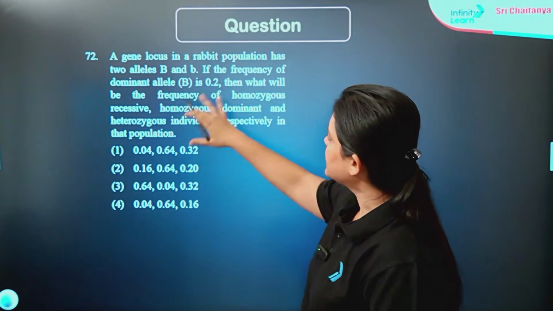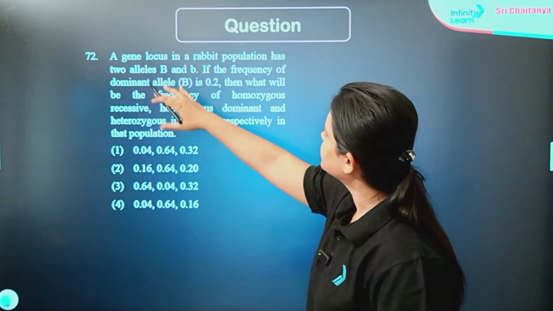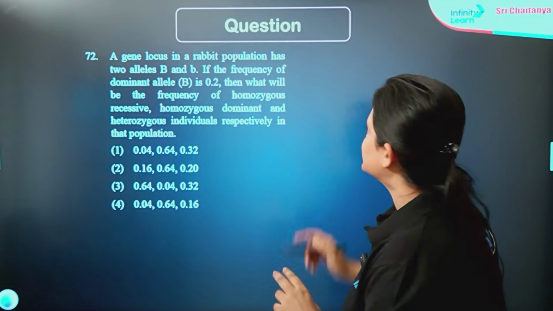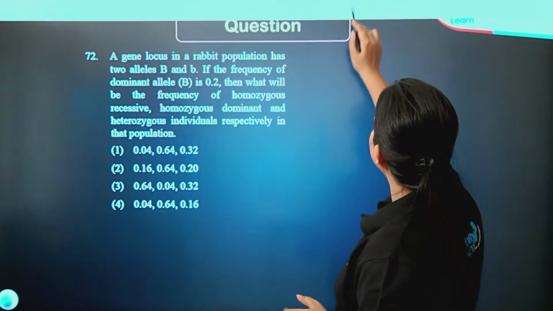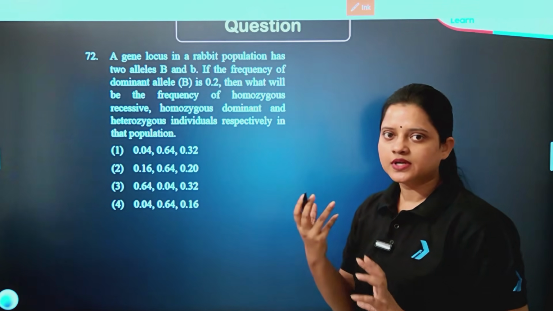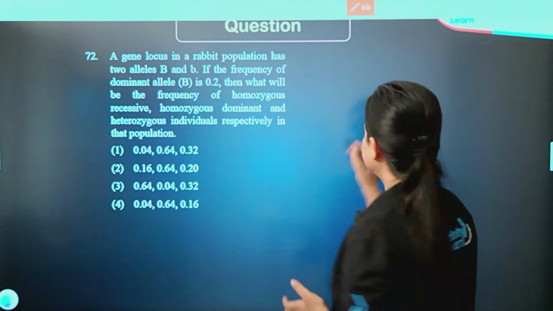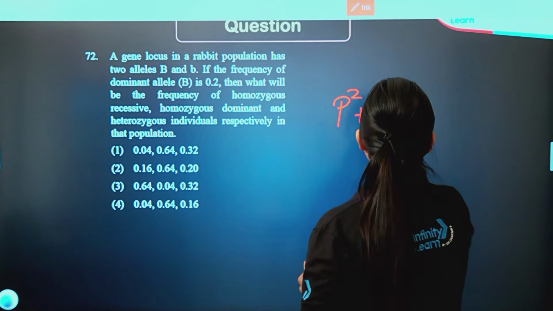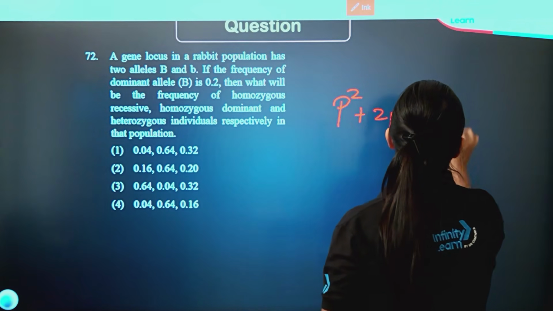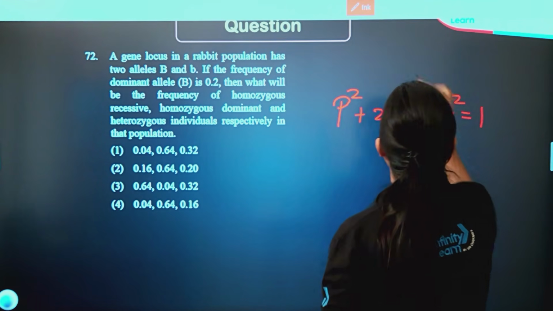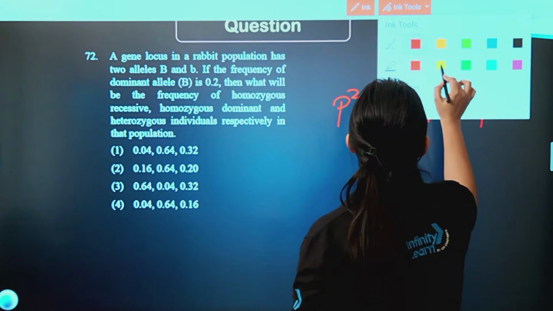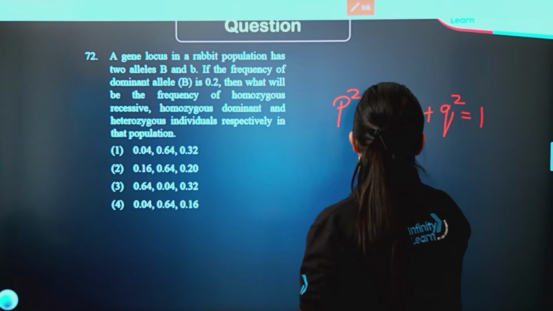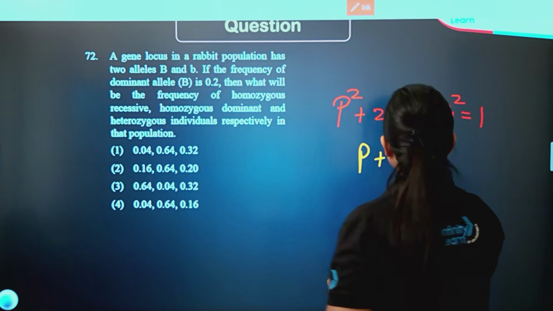Next. So we have here a few data, and it is related to Hardy-Weinberg equilibrium. So if you can recall Hardy-Weinberg equilibrium formulas, right? So we already know that P square plus 2PQ plus Q square is equal to 1. So we also have an idea that P plus Q is equal to 1, right?